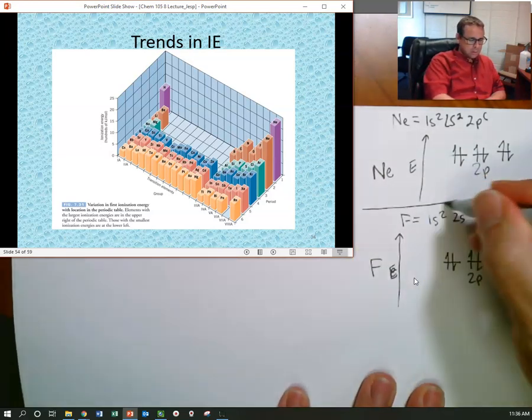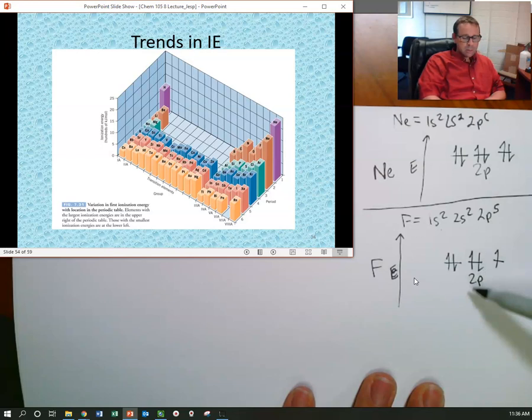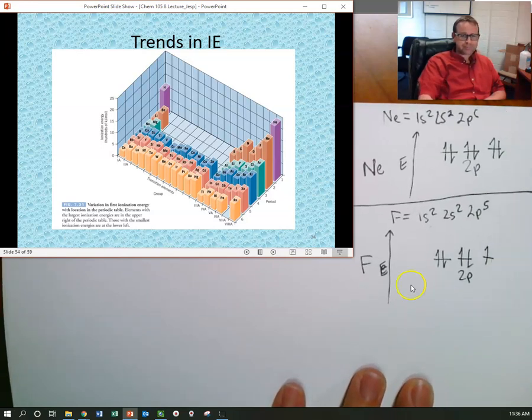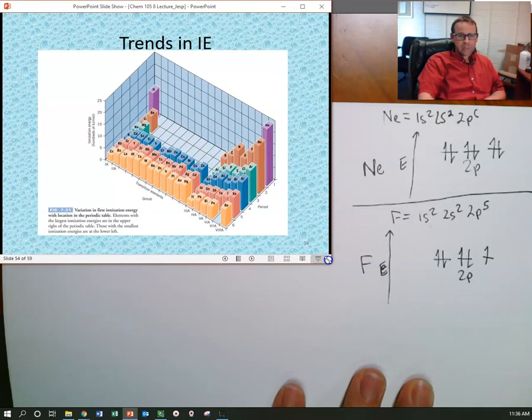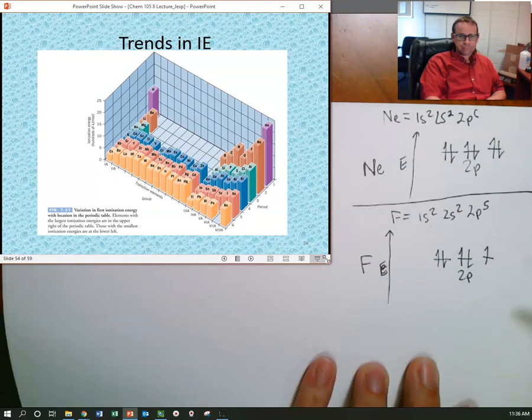Okay. So, looking at these, can we make an argument for why it requires more energy to remove an electron from here compared to here? Because neon wants to keep its full subshells, and fluorine would not be... Getting rid of one would make it more stable.